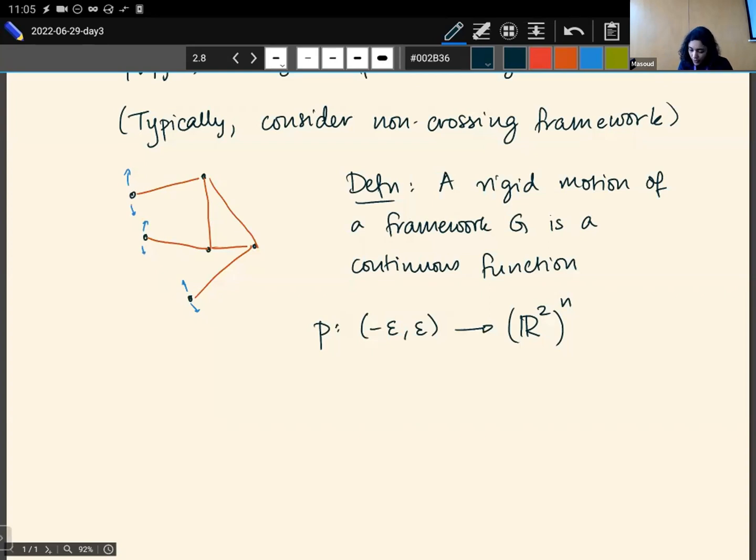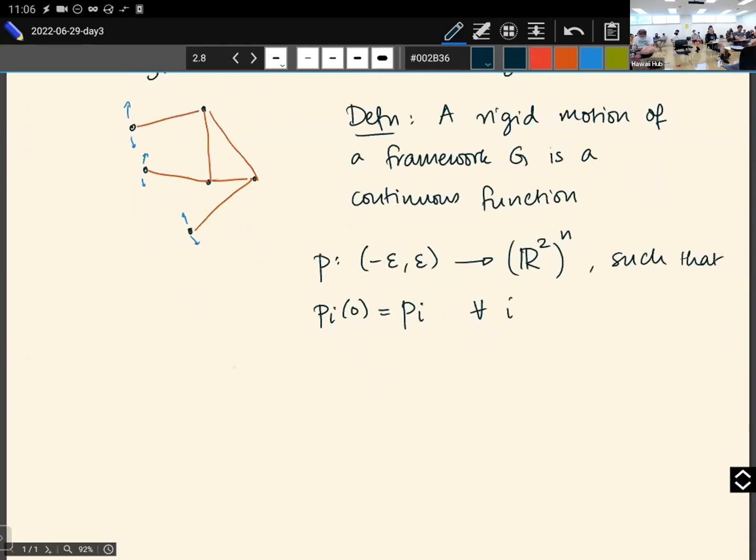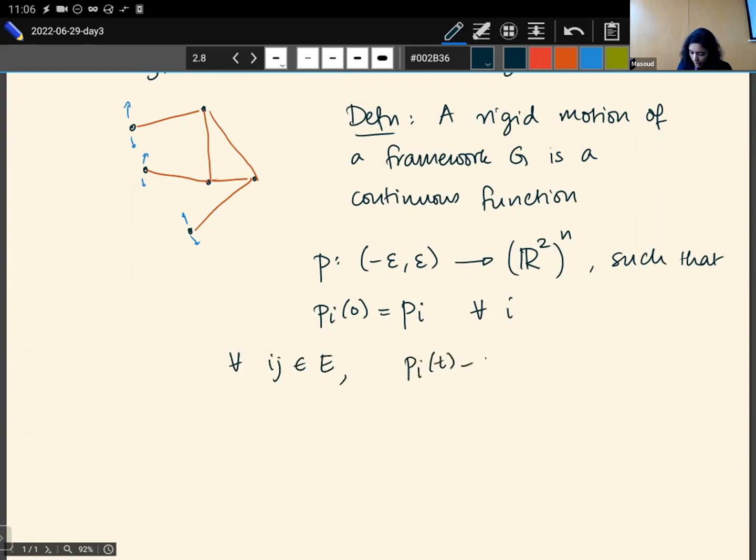So what does this function need to satisfy? First of all, p_i(0) is p_i for all i. Secondly, for all edges, if I look at p_i(t) minus p_j(t), this segment has length equal to the original length.